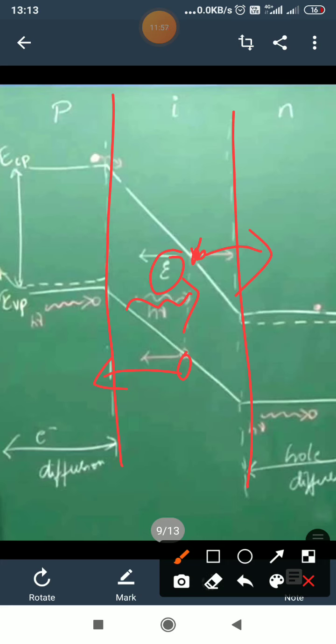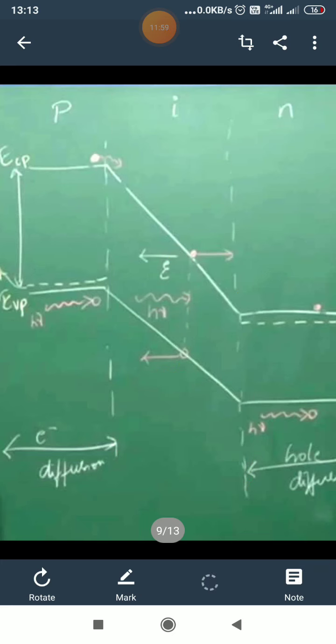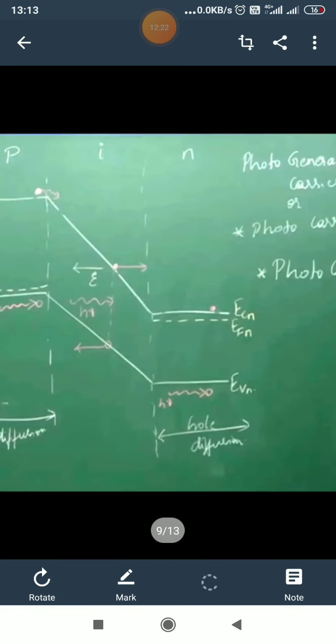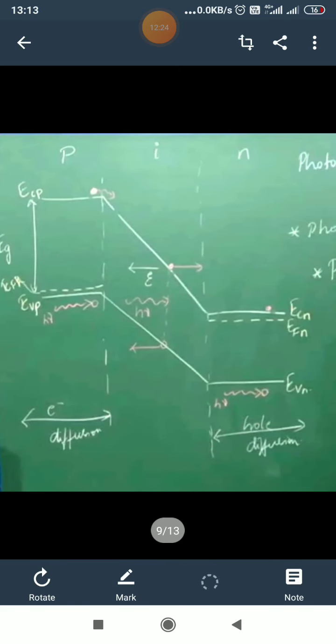Similarly, in the depletion region also, if it is an electron, it will drift back to the N region, and if it is a hole, it will drift back to the P region. Why? Because of the electric field present in the depletion region. So this is the energy band graph that you have to explain in your own words.